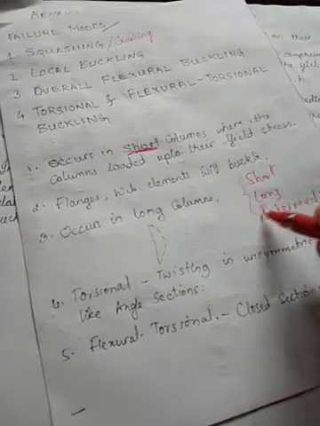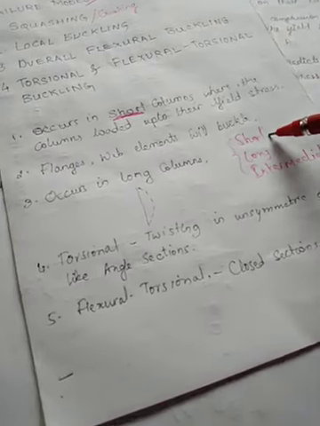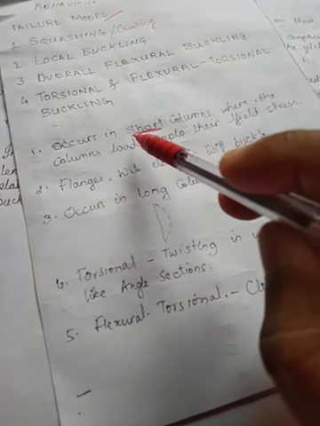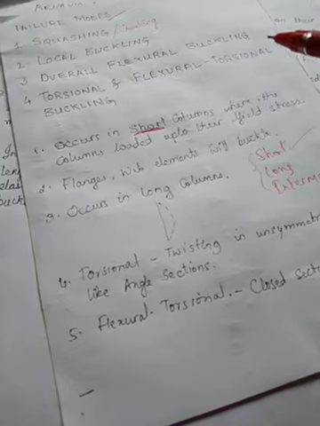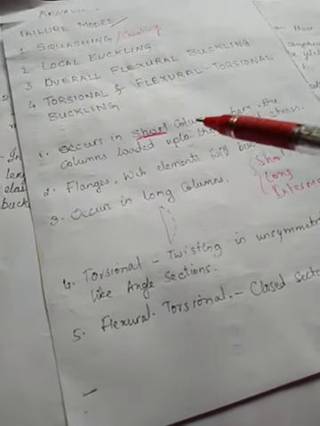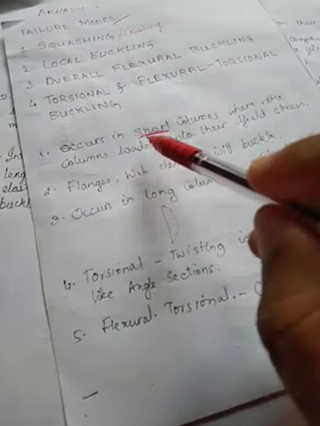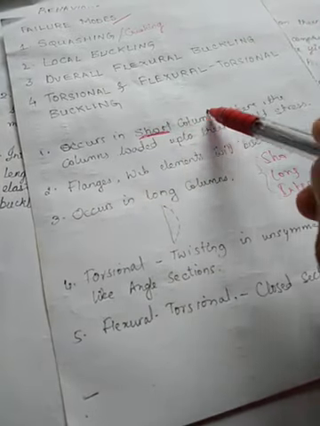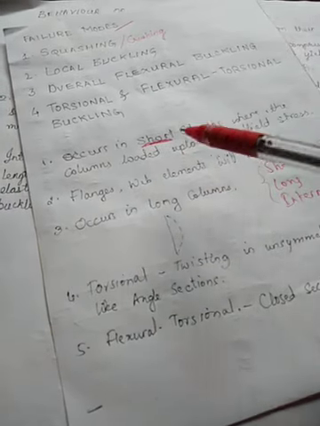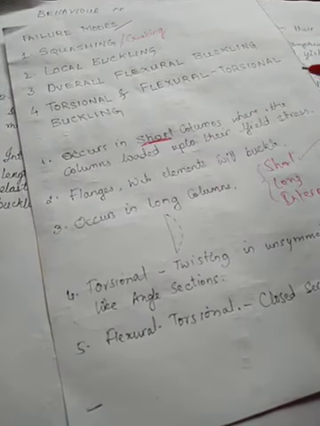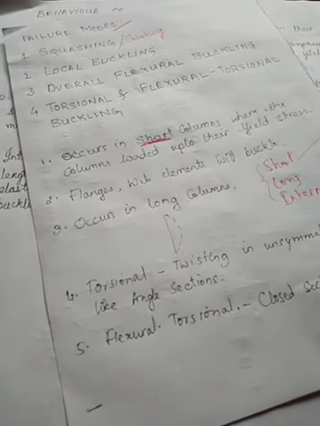So we have these classifications of these compression members. The failure which occurs in short columns is squashing or crushing of that column. While we design these types of columns, we will be interested in knowing its yield strength. It is the same as how we find the compressive strength of a cube. So what do we find there?